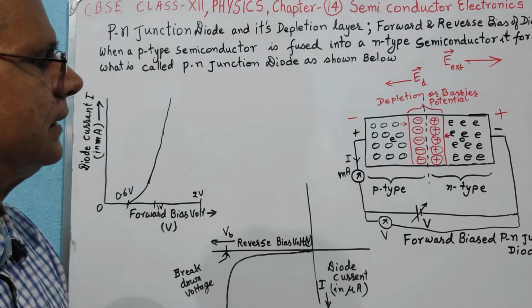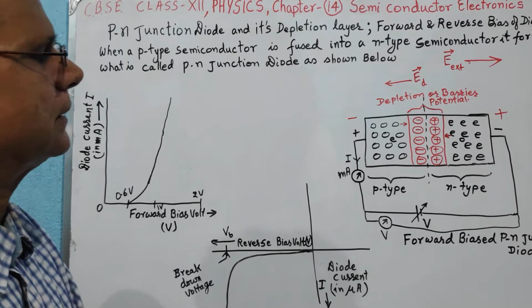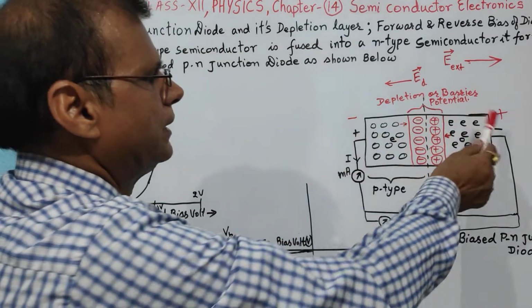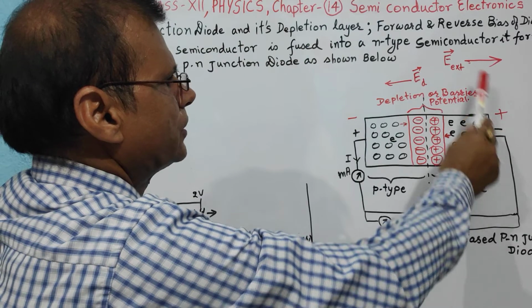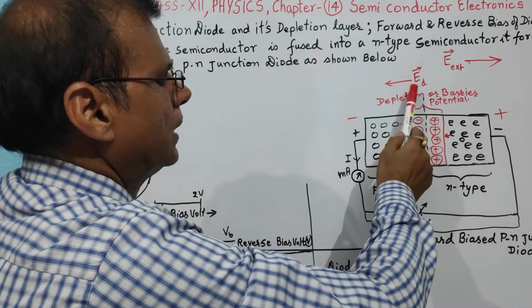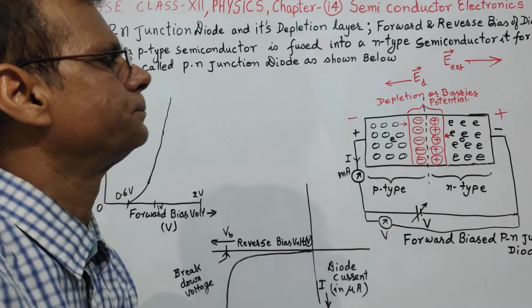Now what happens when we consider the reverse bias case? The external electric field is no longer opposing the depletion layer.